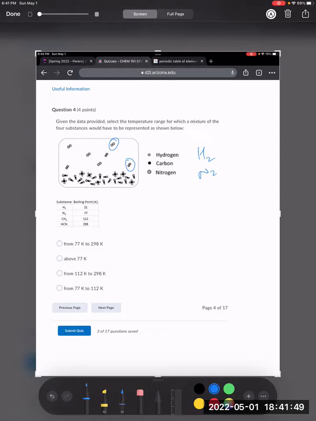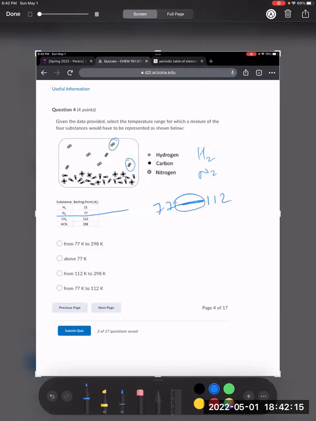It needs to be above 77. This should be our cutoff. And then both CH4 and HCN are in the liquid phase, meaning the temperature is below the boiling temperature of CH4 and HCN. Therefore, the temperature must be between 77 and 112. This should be the region. We should be somewhere around here.